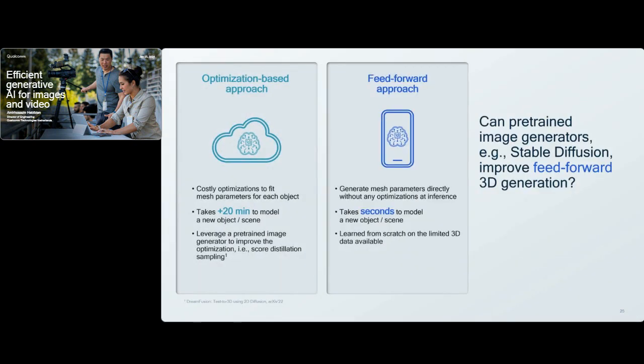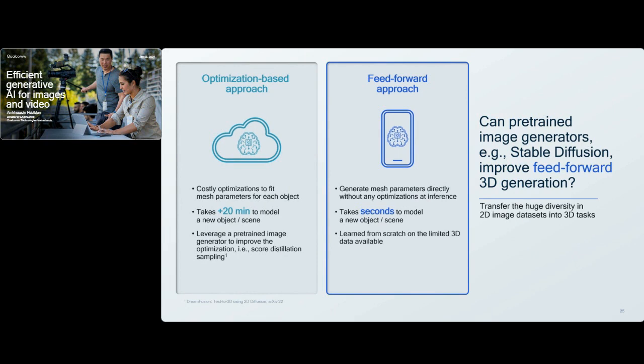But before that, let me summarize that the existing 3D generation works can be roughly divided into two categories. One, optimization-based approaches, that rely on costly optimizations to fit 3D mesh parameters for each input object. That currently takes more than 20 minutes to generate the mesh for each new object.